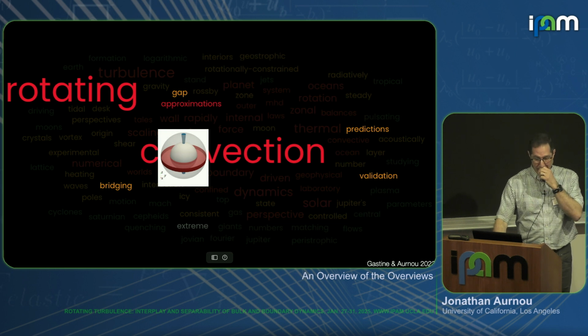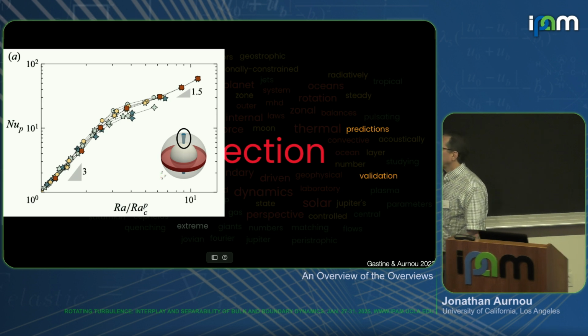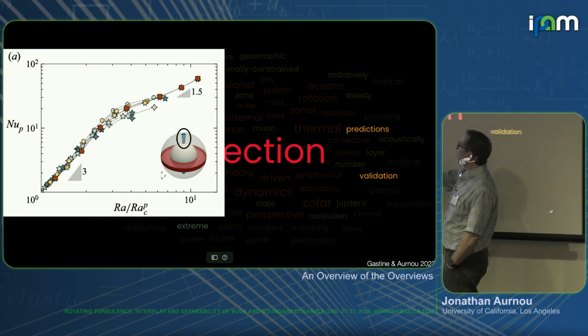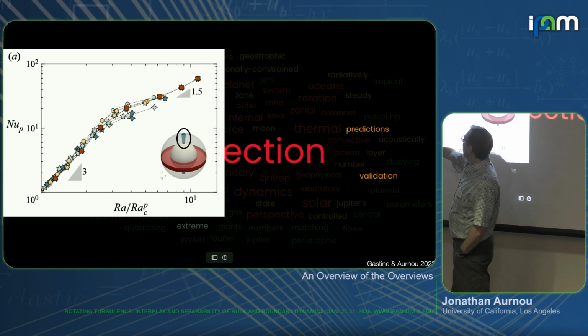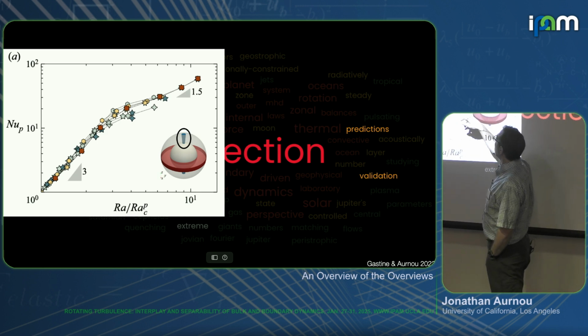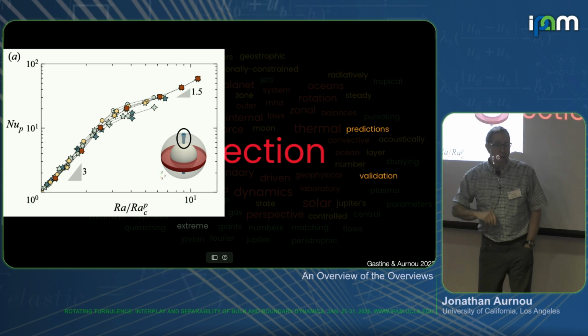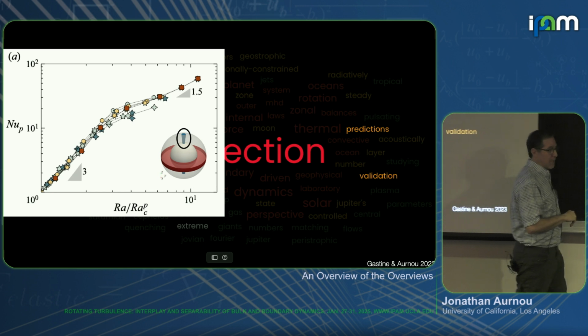And so if we go back again to this study by Gastin and look at the polar data, this is polar heat transfer versus polar supercriticality, and we're comparing DNS, his DNS just measured heat transfer from the pole versus reduced models, again from Julian, and doubly periodic models from Stefan Stellmach.